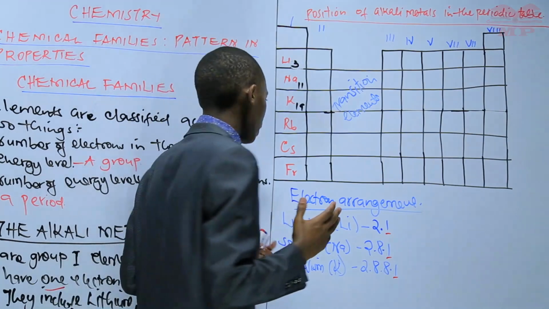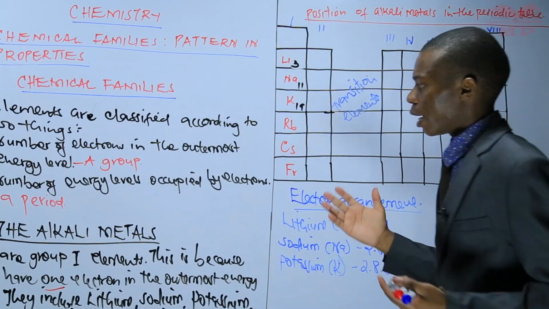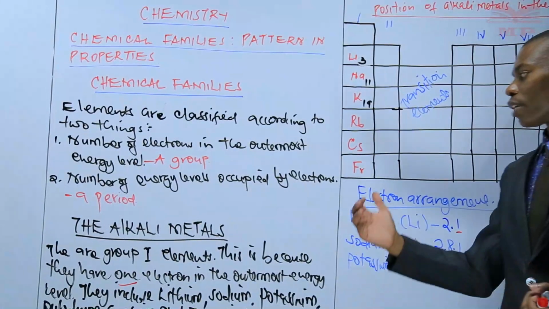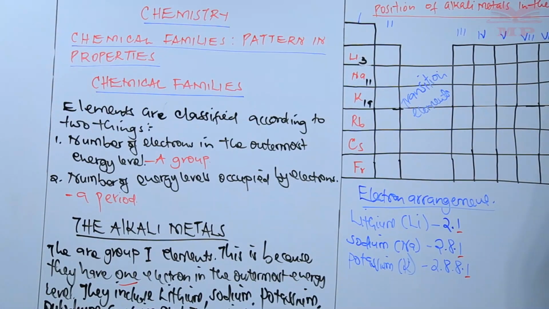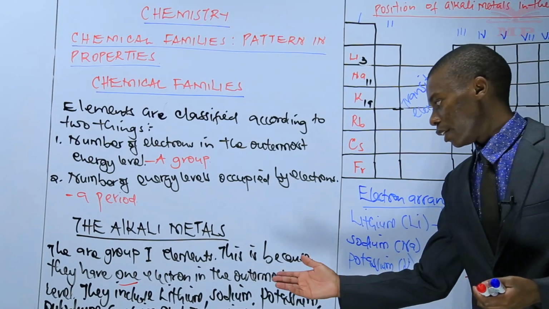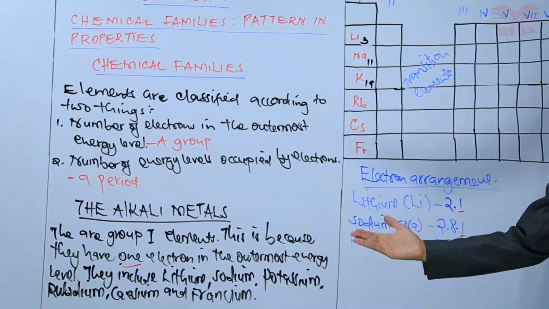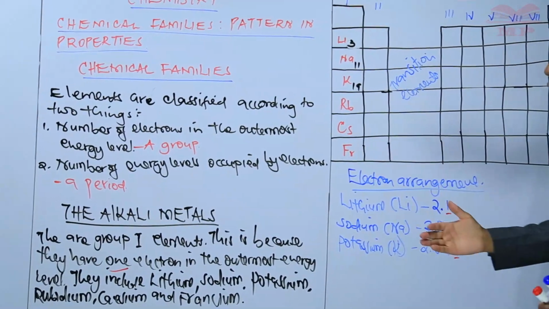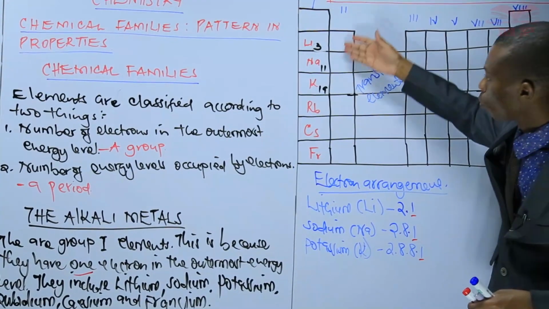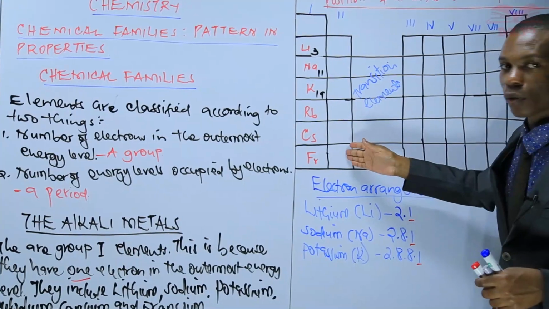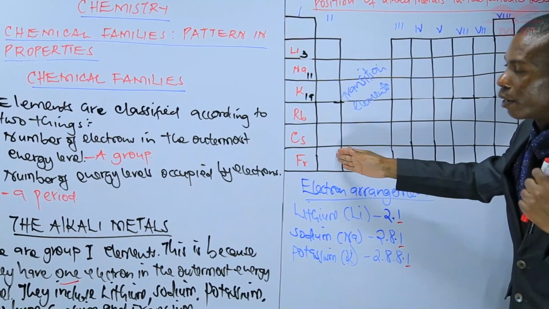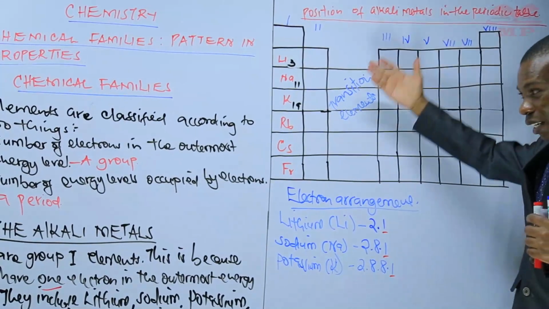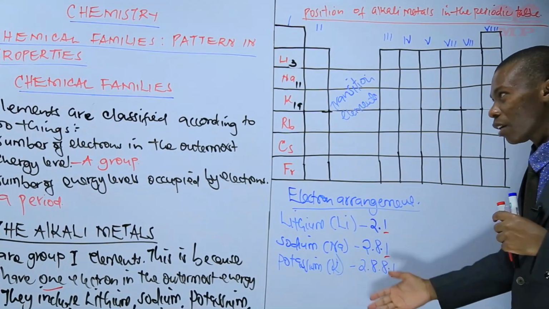I've said that the alkali metals are group 1 elements, and this is because they have 1 electron in the outermost energy level. They include lithium, sodium, potassium, rubidium, caesium, and francium. I have listed all of them here. Then this is group 2. They also have similarities in their chemical properties, so it's a chemical family also.